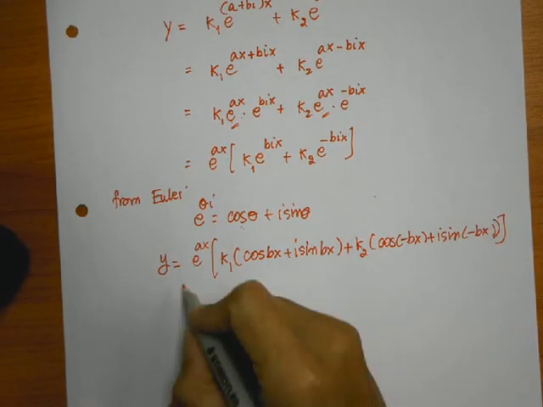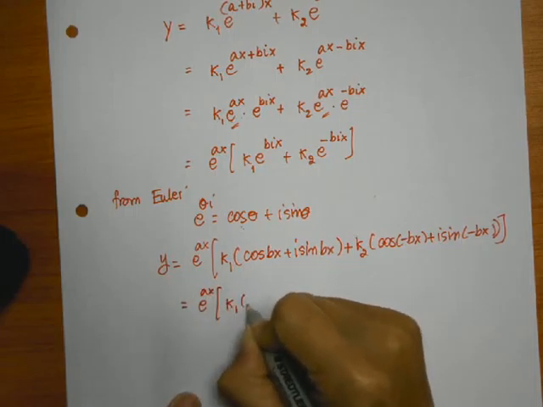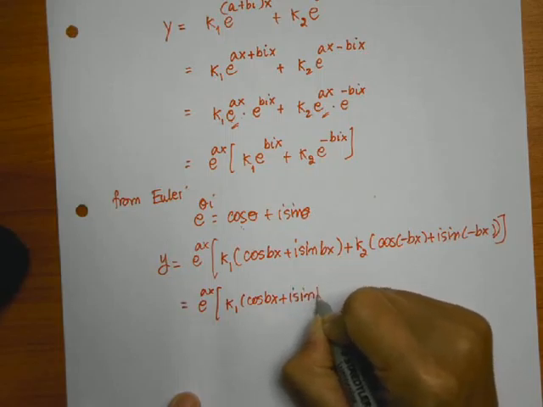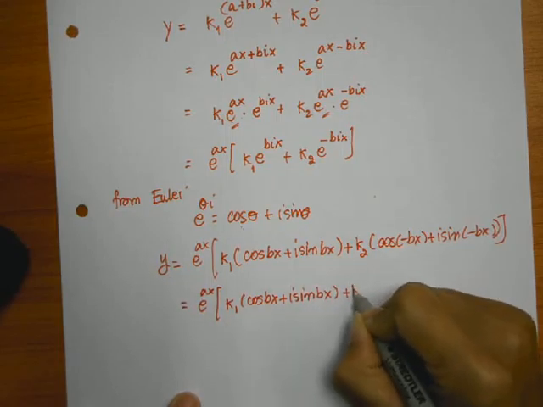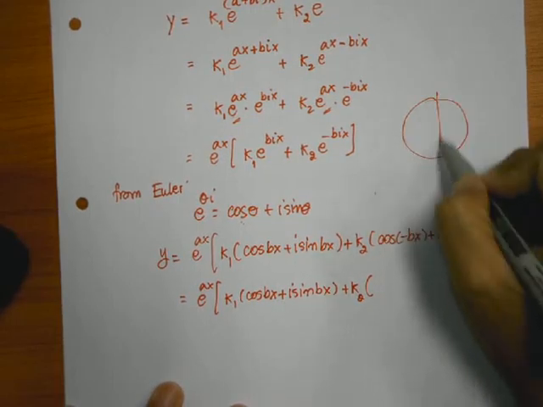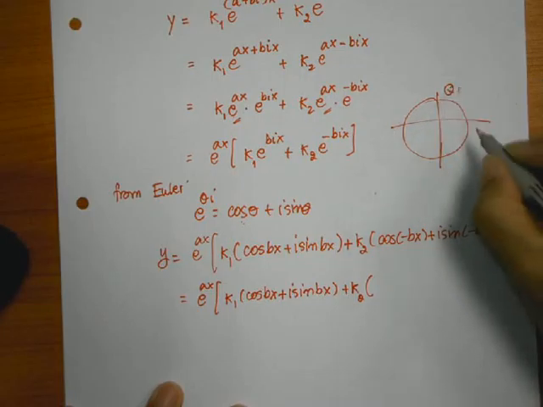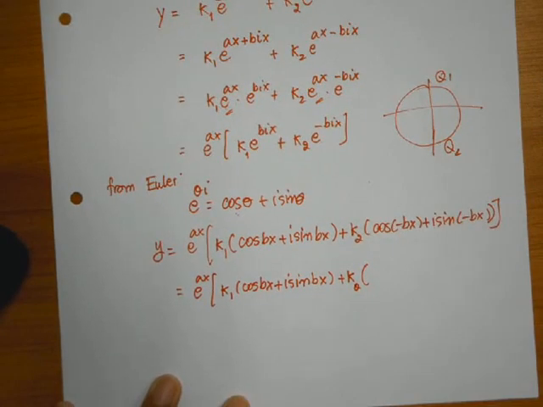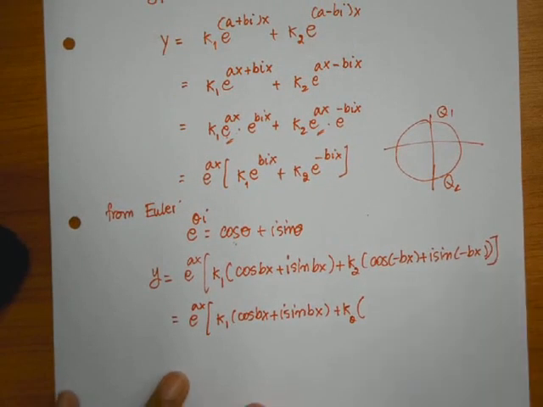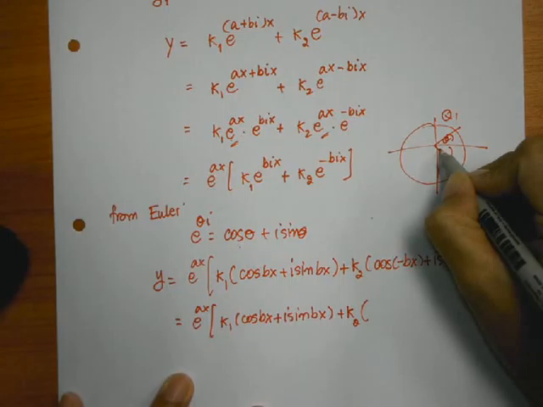From the trigonometry, this is quadrant 1 and this is quadrant 4. Here is theta; if you go to quadrant 4, this is called minus theta.